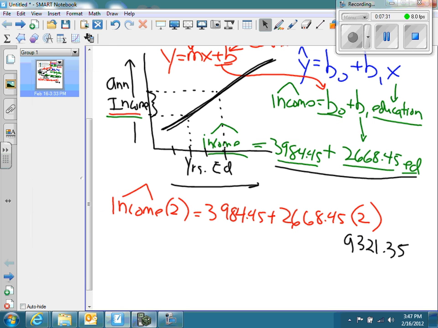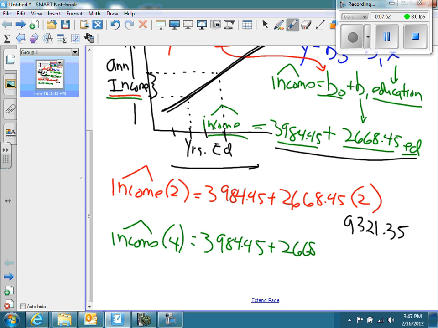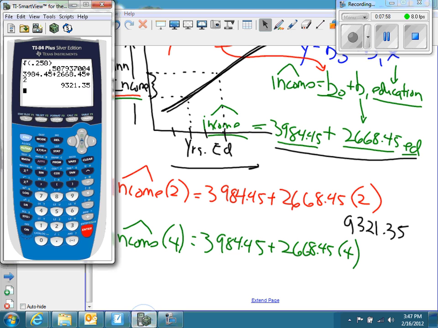Now let's do the same thing for 4 years. Income hat for 4 years is equal to 3984.45 plus 2668.45 times 4 years of education. Go back to the calculator. I'm going to call up my equation, change my 2 to a 4 and hit enter, and I get 14,658.25.